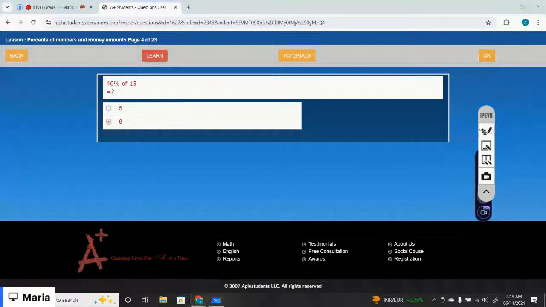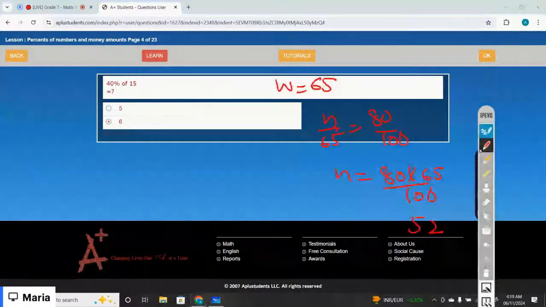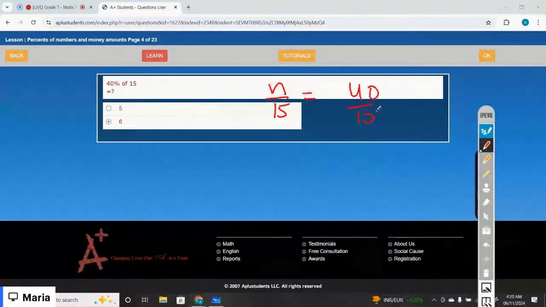You have to do n divided by 15 equals 40 over 100. So you have to do n equals 40 times 15 over 100. So just evaluate, it would be 6. The correct option is 6.